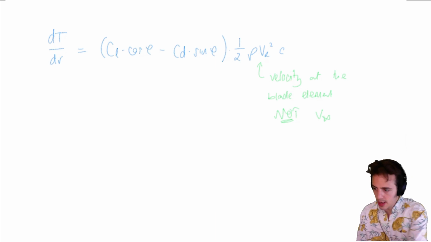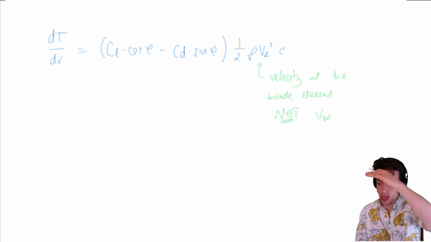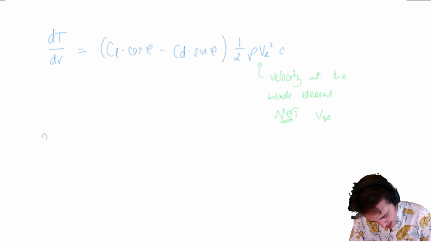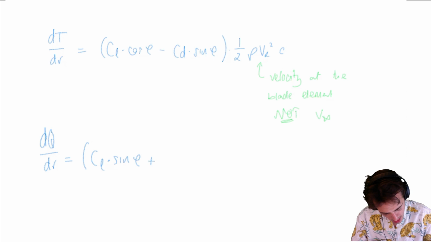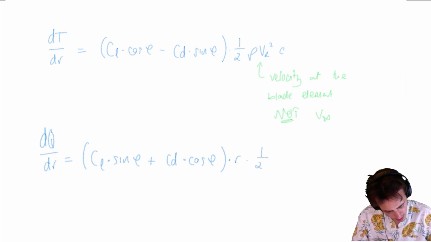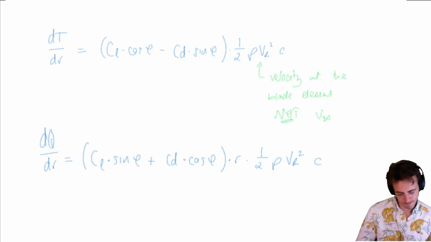We can similarly define the torque gradient. So dQ on dr is equal to Cl sine phi plus Cd cosine phi, multiplied by r, multiplied by half rho VR squared c.